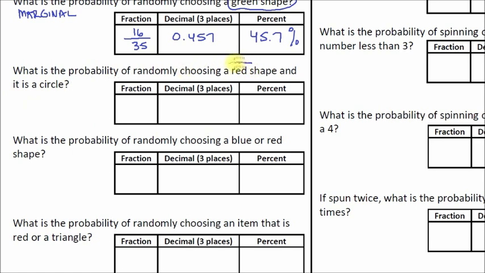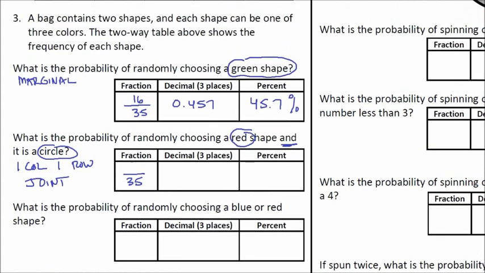So I've got red and circle, and so you see here I have 2 categories mentioned. One is a column and one is a row. One column is mentioned and one row is mentioned. That means I know this is going to be joint probability. And for joint probability, we know again we're always going to use the grand total as the denominator. Let's count how many red circles I have.